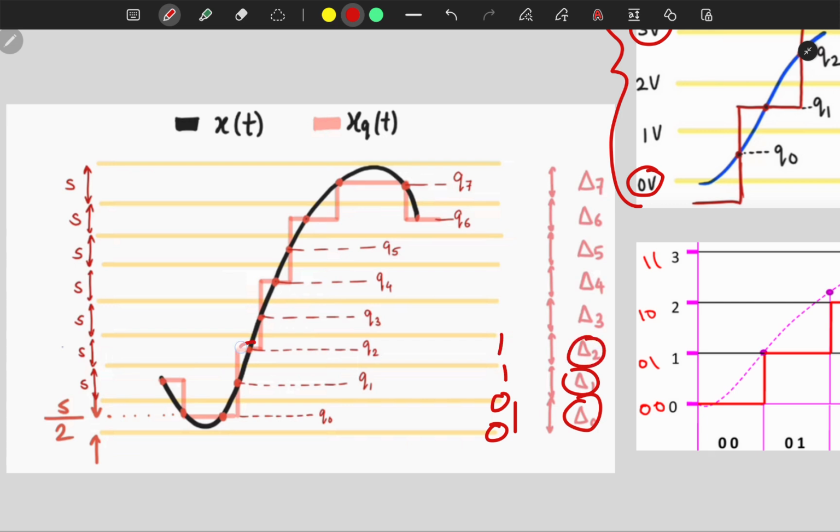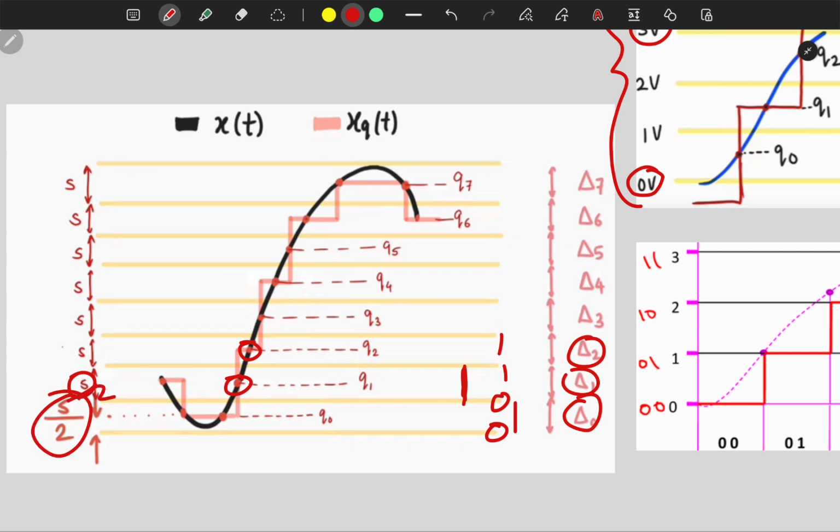Okay, then how do we assume the value of the quantization levels? The value of the quantization level is nothing but half of the step: if the difference between these levels is S, then we take the quantization level value as half of this level.